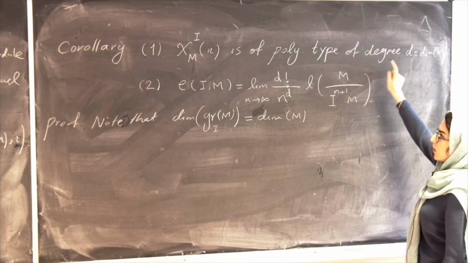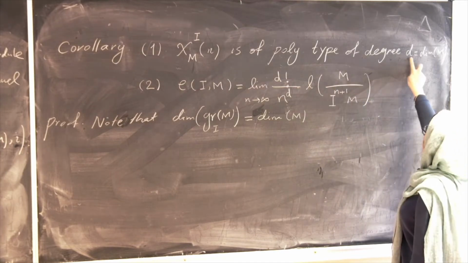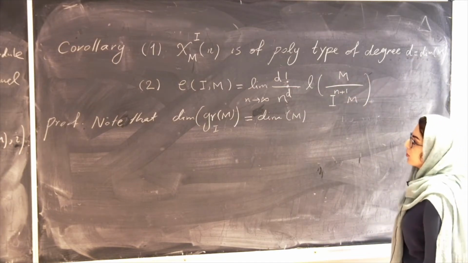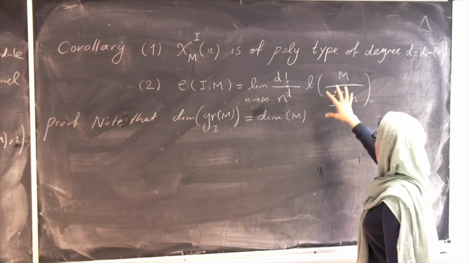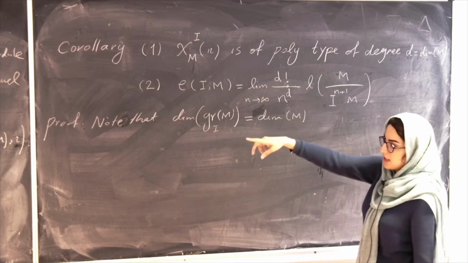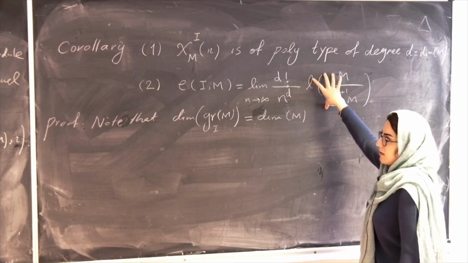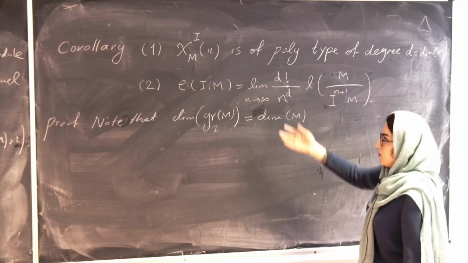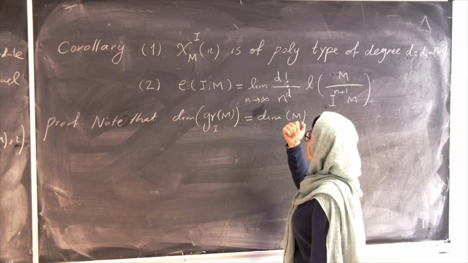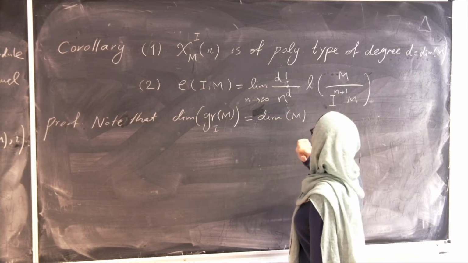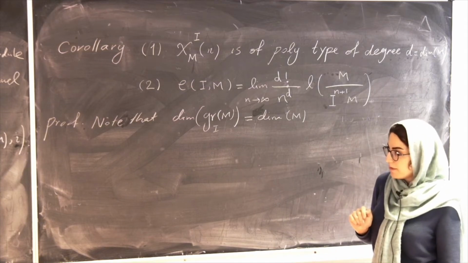So this is why we have a polynomial of degree exactly the dimension of the module. And the second part is just what we replace here: we replace the first iterated Hilbert function by this length. So this is not a new result, it's just a translation of the formula for multiplicity for the associated graded module of M with respect to I.